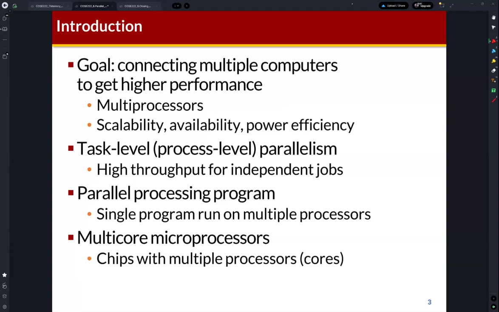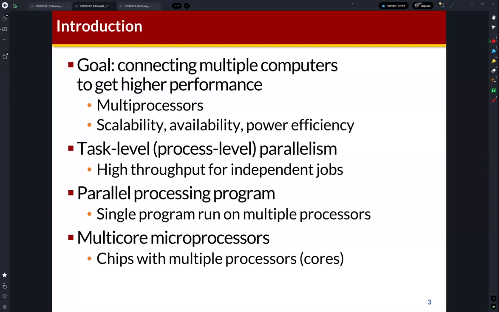Parallel means that we can execute multiple things concurrently or simultaneously. So when we mention parallel systems, it means that these systems can run multiple tasks concurrently. So how can we implement parallel computer systems?